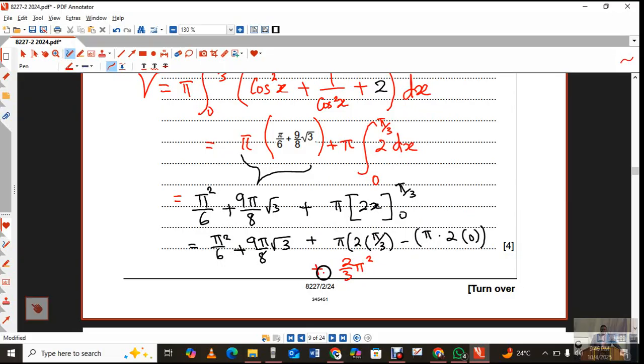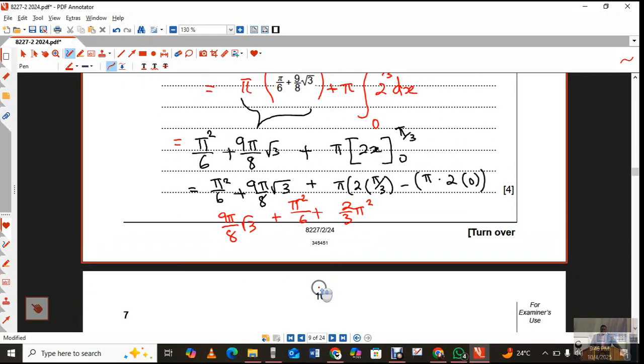Let's bring it together with its sister being pi squared over 6. All right, and then the other one still remains 9 pi over 8 root 3. Now, it's a little bit tricky, right? You might not have enough space to work with.